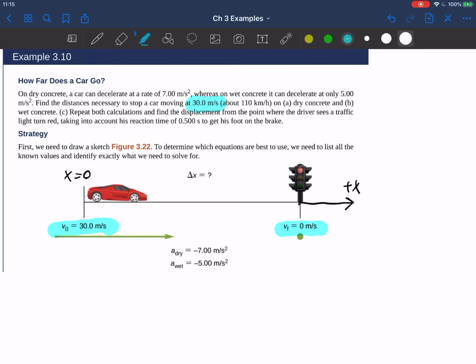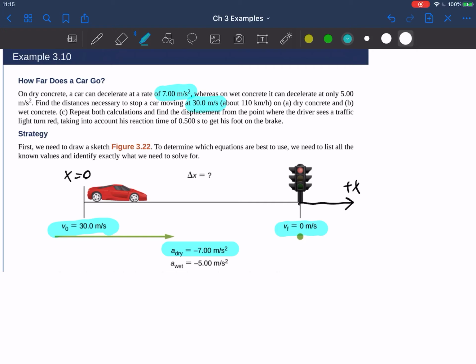They also give us two other knowns in the problem. They tell us on dry concrete that the deceleration rate is 7 meters per second squared. Decelerate generally is a word that means getting slower. If we're moving in the plus x direction and we're getting slower, that means we have negative acceleration. So we write properly in our physics notation that the acceleration on dry concrete is equal to negative 7 meters per second squared.